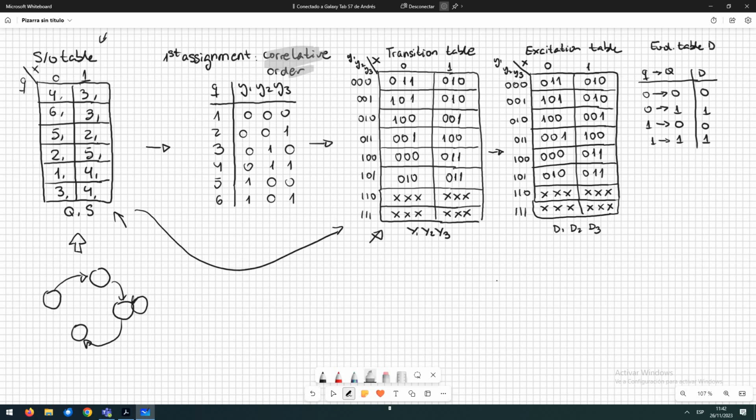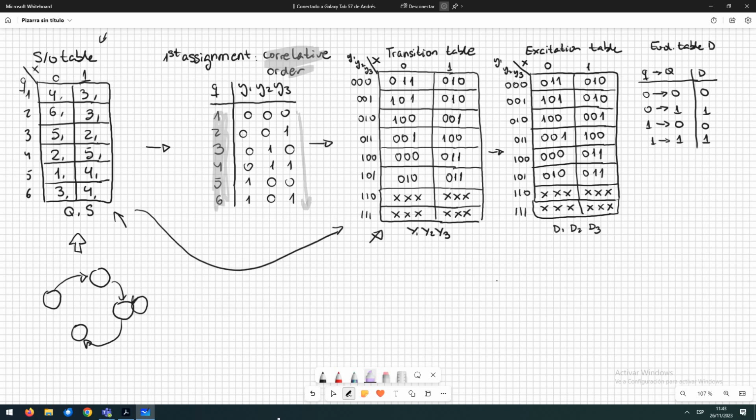So if I have 6 states, I have used 000, 001, 010, just increasing the binary number of the table. So I have used from 000 to 101. It may seem logical, I mean, why not? So we write now the transition table, looking at the state output table.